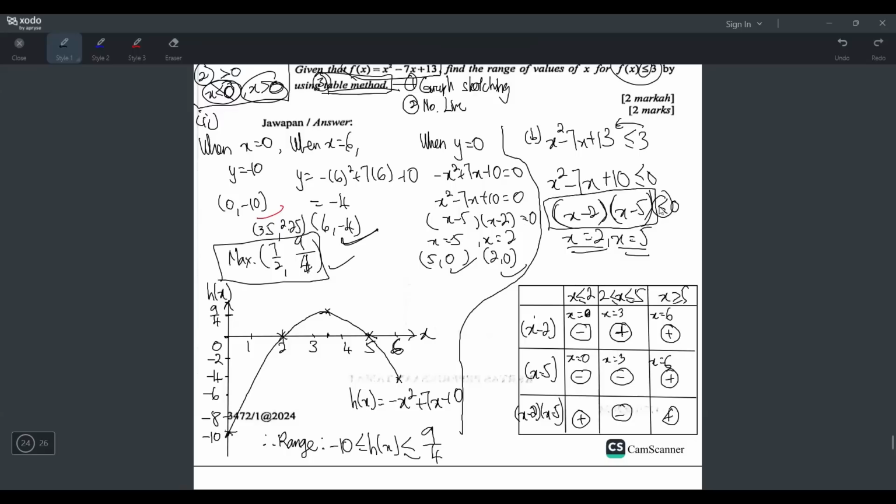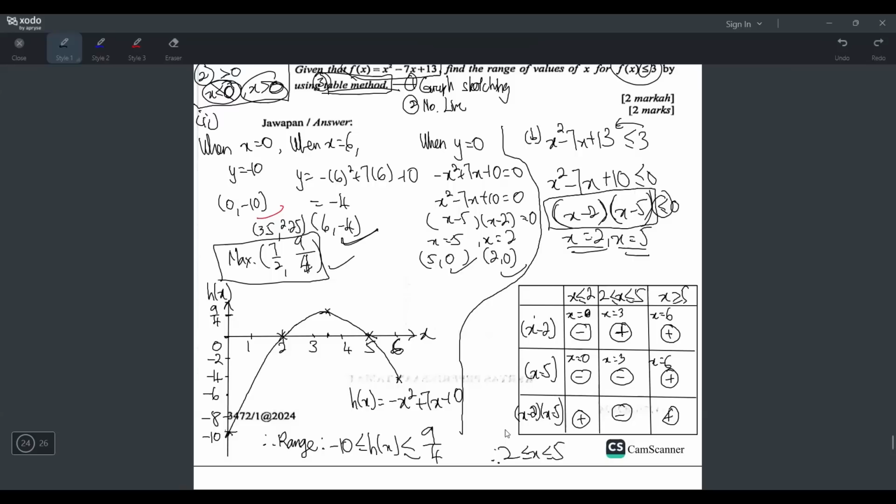Do you understand what I'm trying to mention here? It means they want the bracket x minus 2, x minus 5 result to be negative. That's why they write smaller than 0 here. So can you tell me, if they want x minus 2, x minus 5 to be negative, which column is negative? This one, right? It means this is your answer. So you can write your answer now. The range of x is in between 2 and 5.